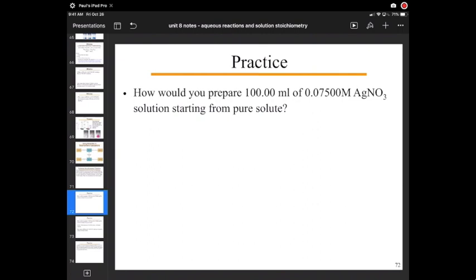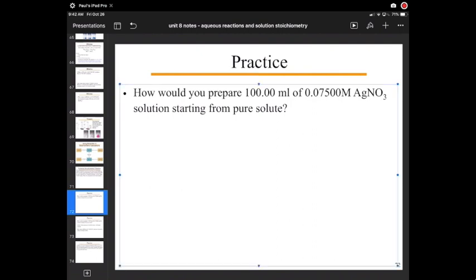Okay, this is the important part of this. This is like a wonderful test question. I have two numbers. Which one is most likely a conversion factor? Molarity, because that has 2 units, moles per liter. So, if that is the conversion factor, we start with the 100.